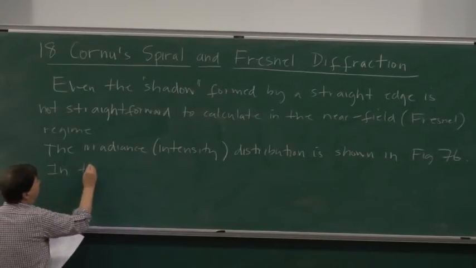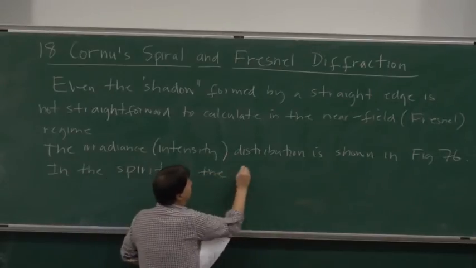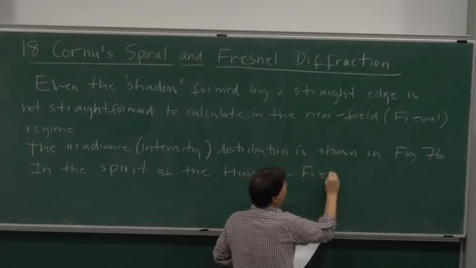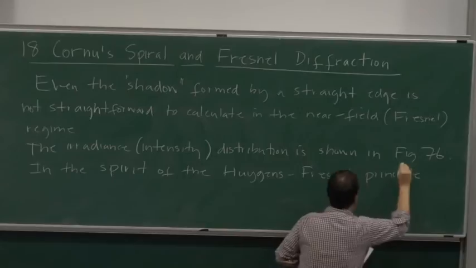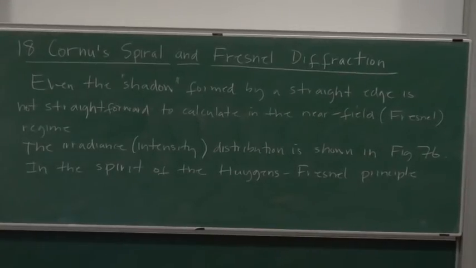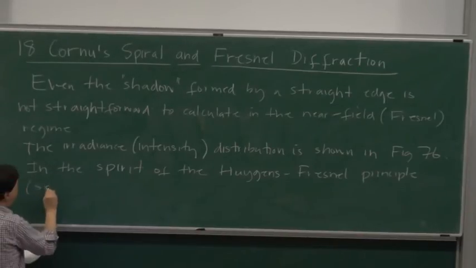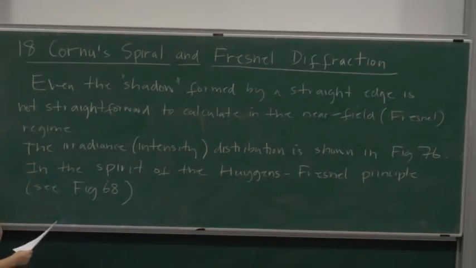So in the spirit of the Huygens-Fresnel principle, and again that one I've not made much of, but it's been lurking in the background underlying everything that we've done, this idea of the wavefront. I think it was figure 68 of the course handout.